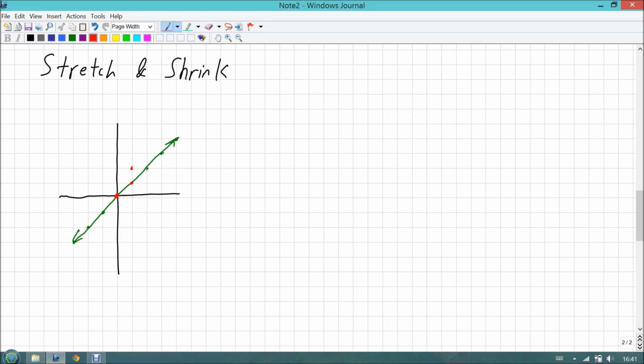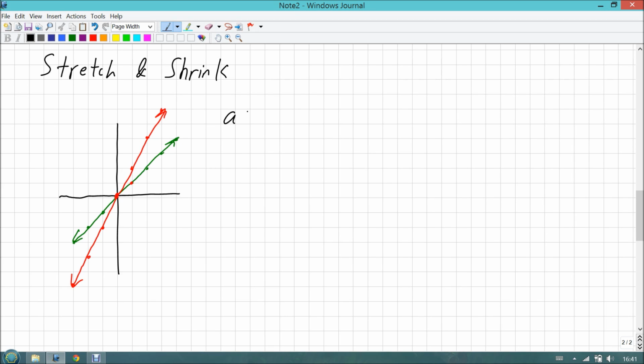And this one would be 2. 2 times 2 is 4. And this one's 3. 3 times 2 is 6. And then the same way, -1 becomes -2. -2 becomes -4. -3 becomes -6. And suddenly we have a new line. This one has been stretched by a factor of 2.